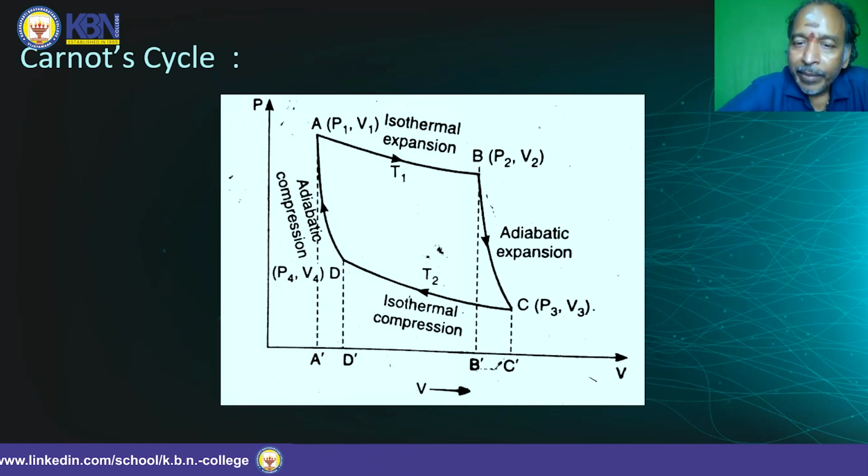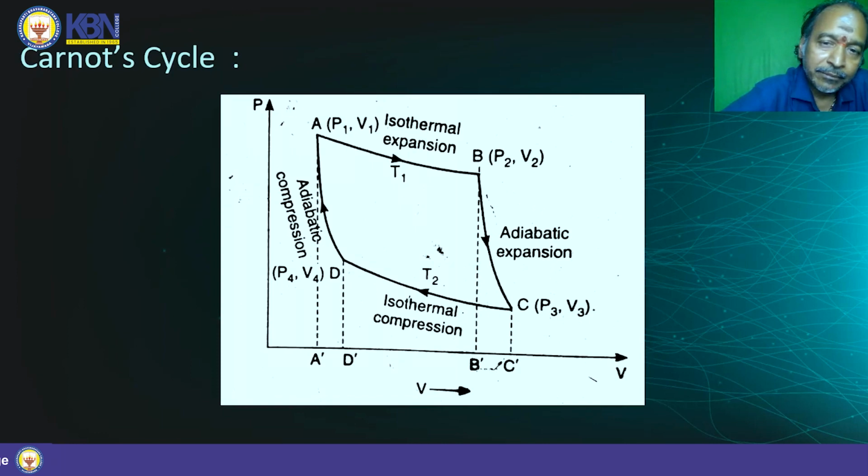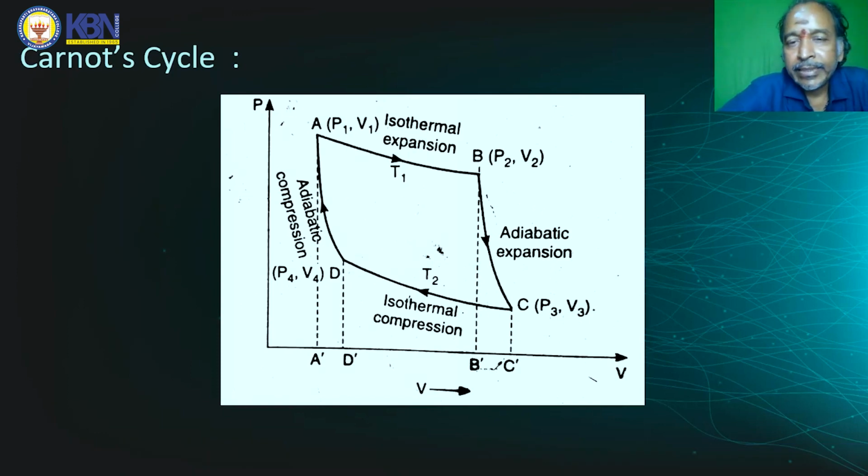In adiabatic expansion the working substance is placed on the insulating stand, and the temperature decreases from T1 to T2. In the third phase, the isothermal compression, the working substance is placed on the sink. The rejected heat energy is Q2 at constant temperature T2.